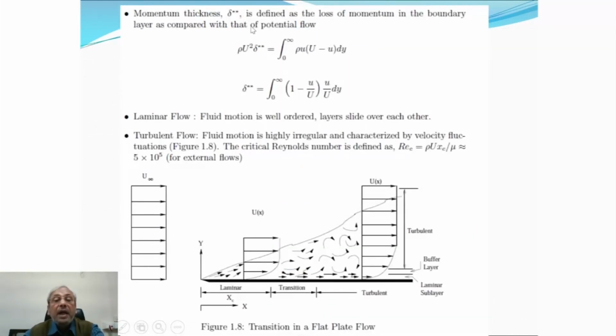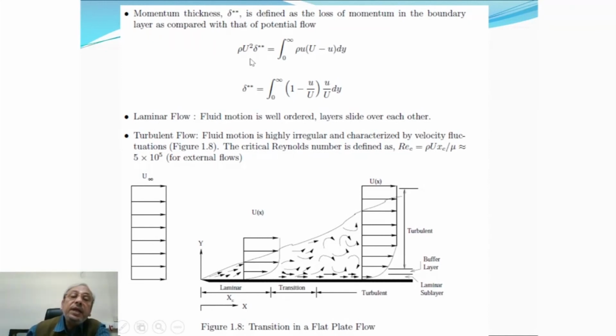Here, as a consequence of the decrease in velocity in the boundary layer, what is basically the momentum that is lost? Or rather, momentum thickness, we can say, is the loss of momentum in the boundary layer as compared to that of the potential flow.